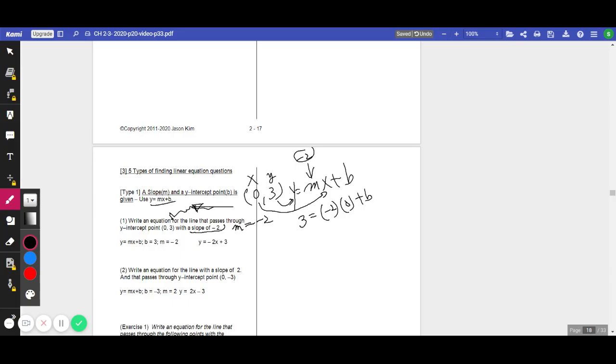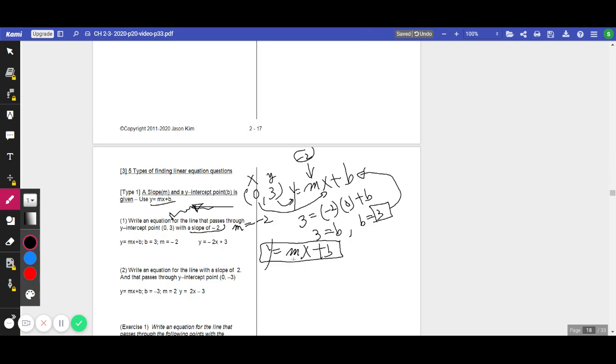So from there, we find that 3 equals b, or b equals 3. You find the one unknown value b from there. So now you go back to the original equation, y equals mx plus b.